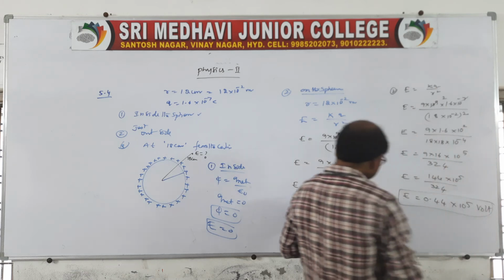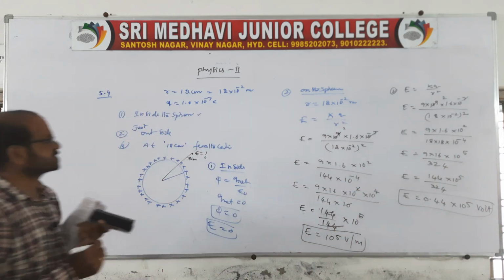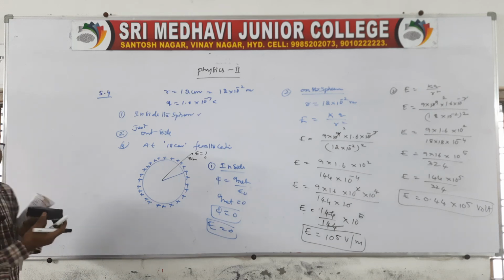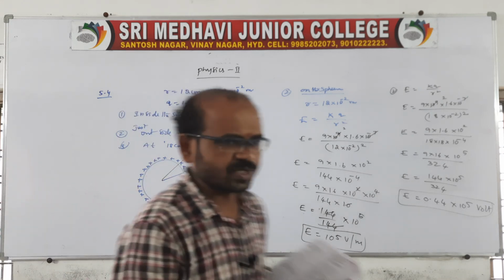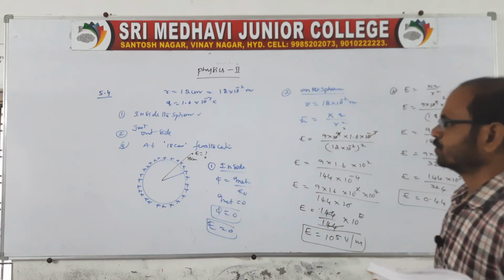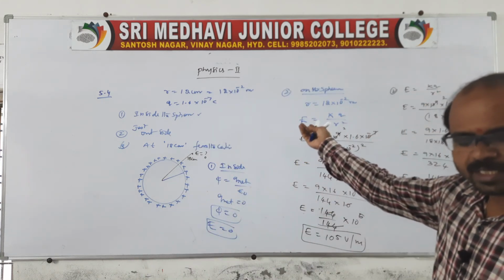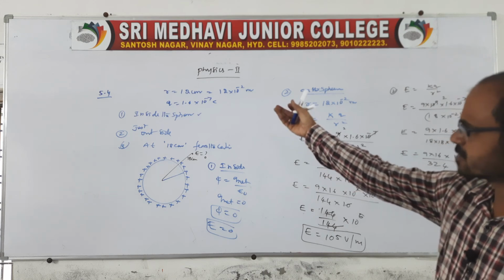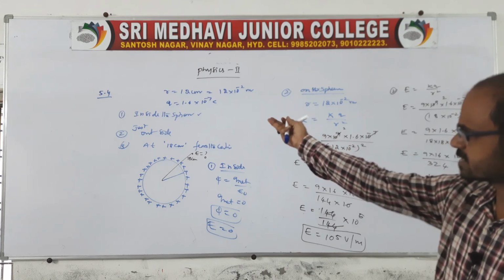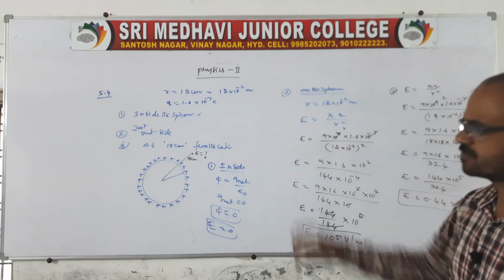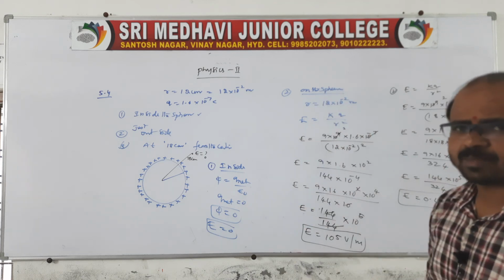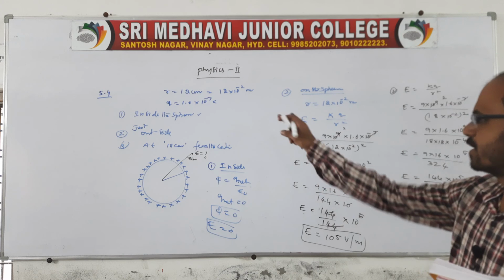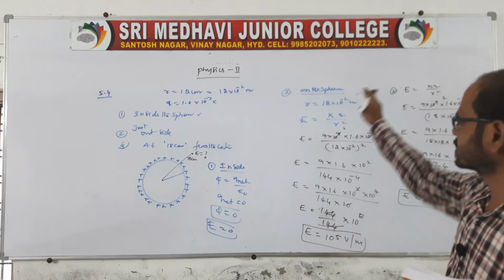This is the method to do the problem which is given in this 5.4 question. Read everyone carefully what is given in the question and do it like this. It is asking three points. First point inside, second point just outside, that is nothing but on the sphere also we can say, at a distance of 12 into 10 power minus 2 meter, and third at a distance of 18 centimeter.